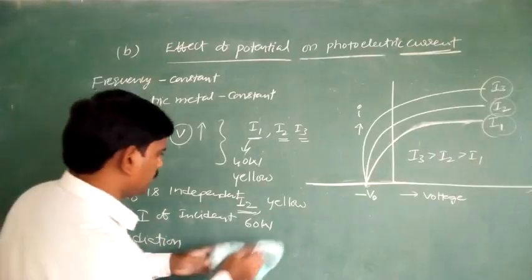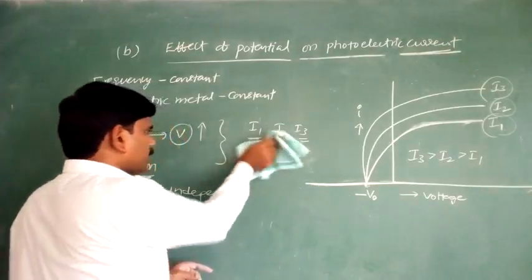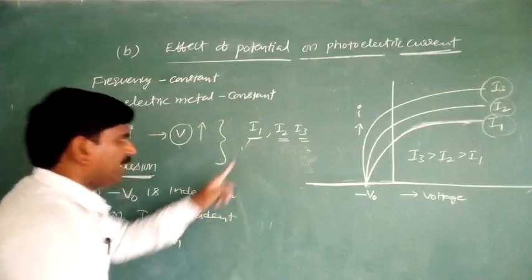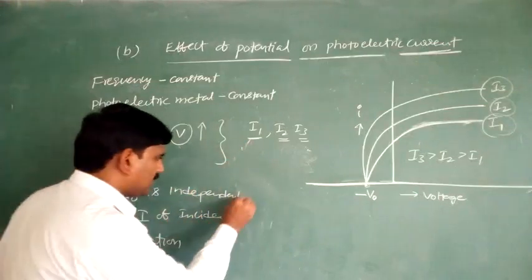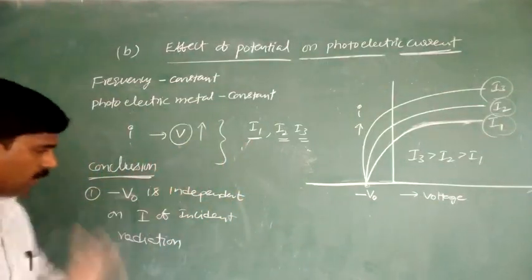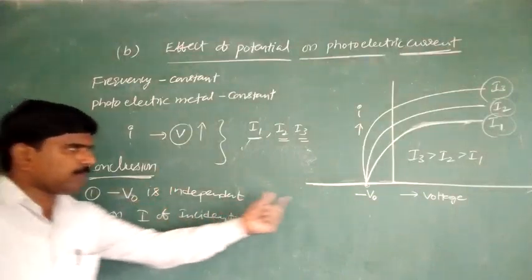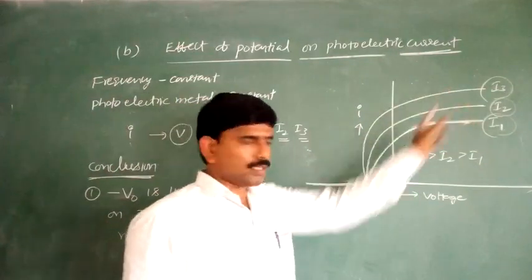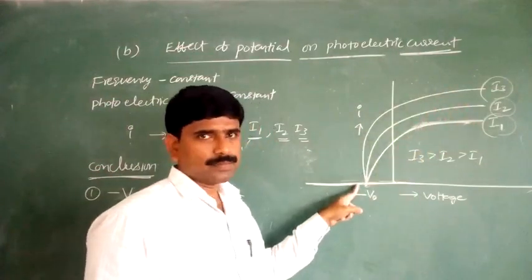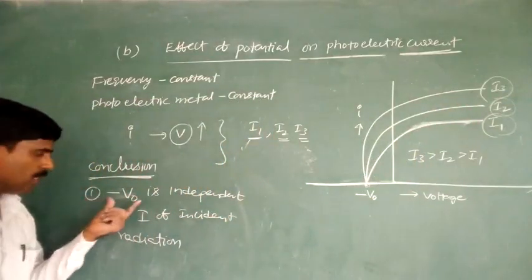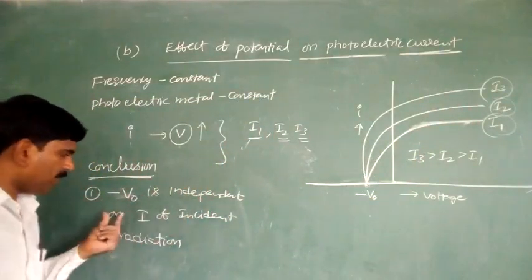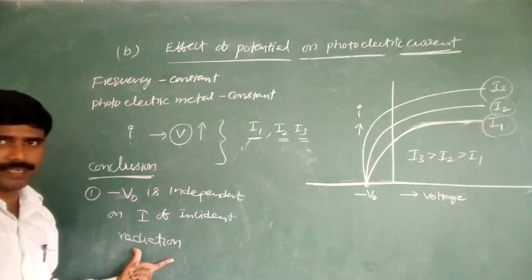We use different intensities of the light, but the frequency remains constant. In that situation, whatever the intensity, the stopping potential is the same. So that is the first conclusion: stopping potential is independent of the intensity of incident radiation.